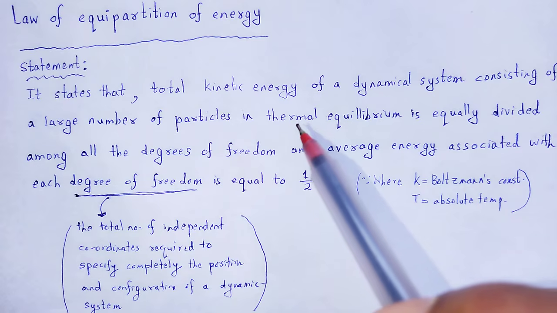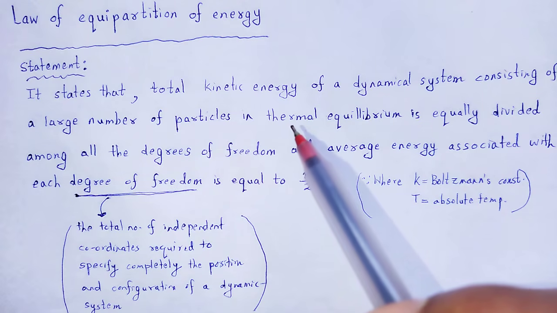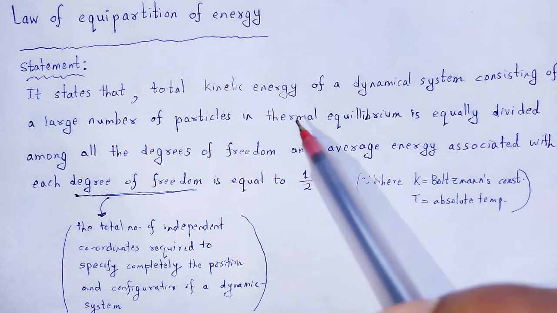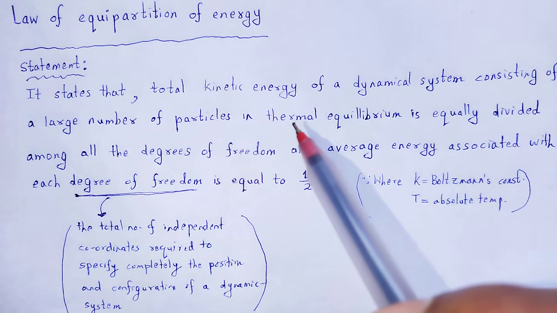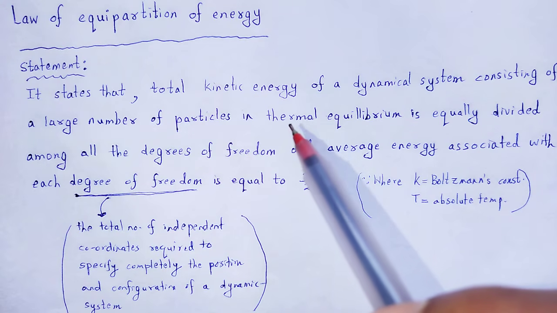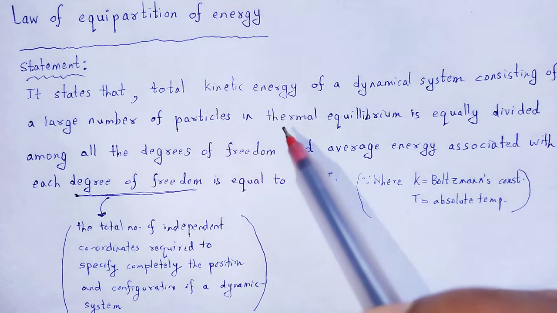Similarly, if we consider an aeroplane flying, there will be 3 coordinates required to specify its position as well as momentum, as the aeroplane flies in three-dimensional space. So the number of degrees of freedom will be 3 for that system.